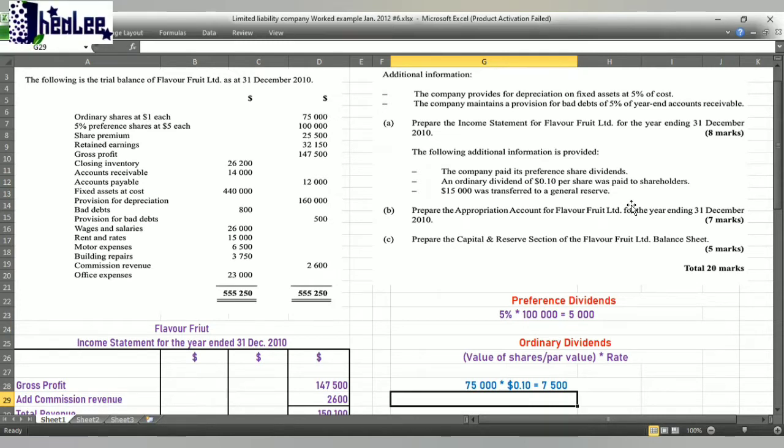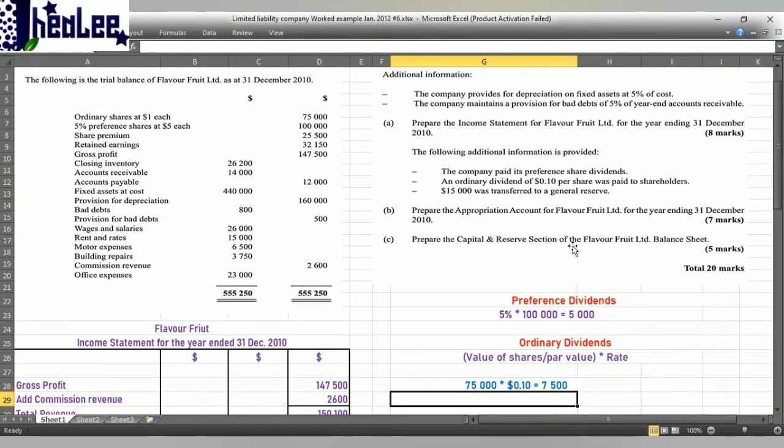In terms of dividends, the 5,000 right here and the 7,500 for the ordinary shares, that is dividend that should be paid out, and it is not yet paid. It is referred to as proposed dividend or final dividend. This dividend, once it is in your additional information, it is owing.